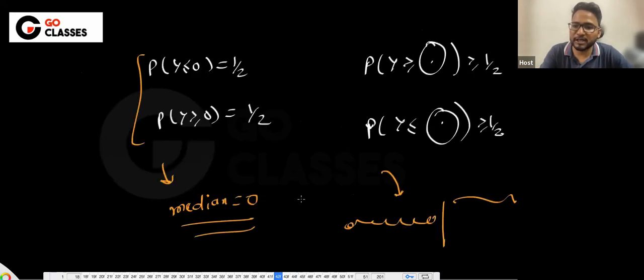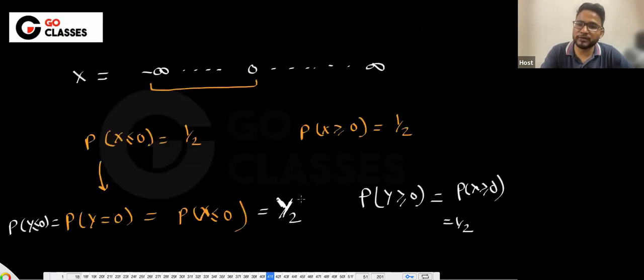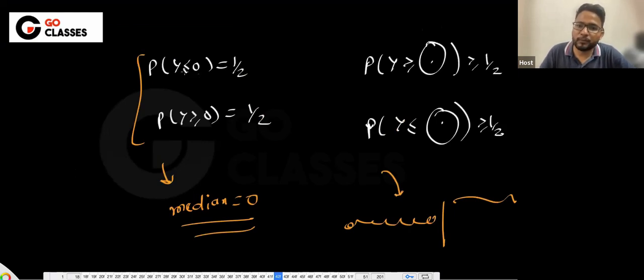Anyway, you do not need that much explanation. That's why I'm keeping myself very restricted. For this particular question, you just need to solve it using the formula, which is basically that P(Y ≤ 0) and P(Y ≥ 0) should both be greater than or equal to 1/2. In fact, for 0, it is true. How have we calculated it?